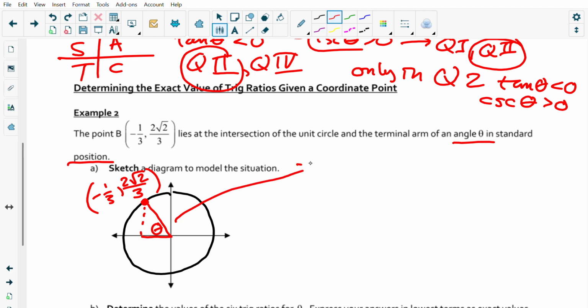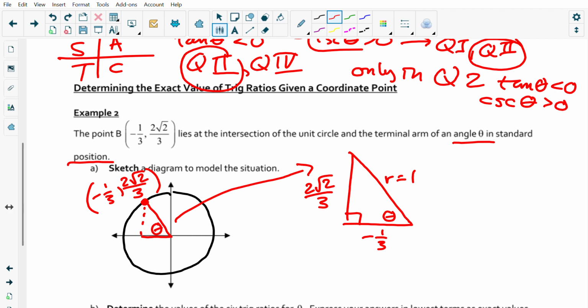If I look at this as a triangle, I have r equals 1, that's the unit circle. My y value, 2 square root of 2 over 3, is the height of my triangle, and negative 1/3 is the base of my triangle.